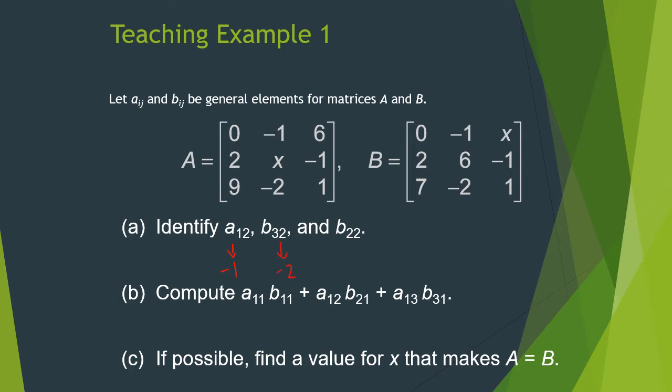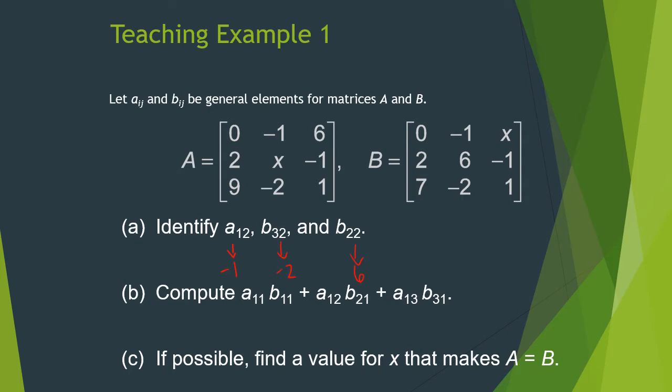B22. Again, I'm going to go to matrix B, row 2, column 2, and that's going to give me 6. Now this is combining your ability to identify and to add. It says compute A11 times B11 plus A12 times B21 plus A13 times B31.